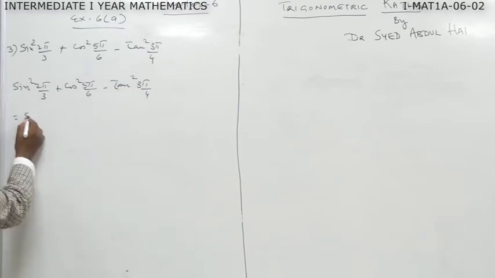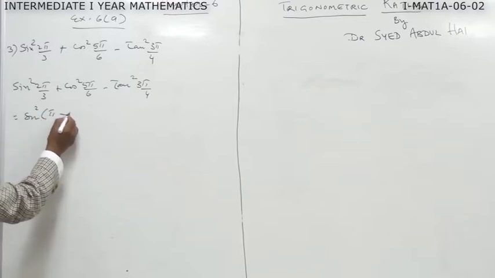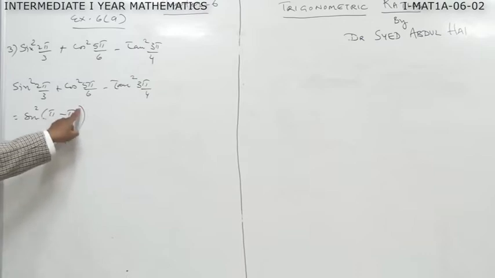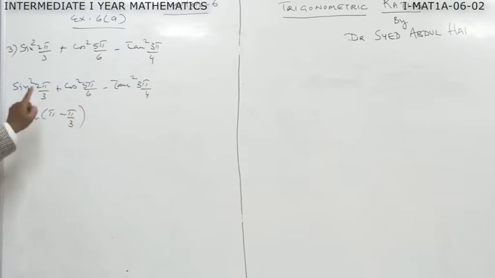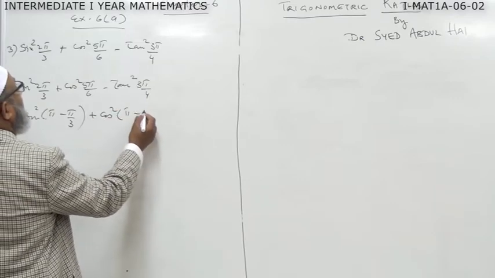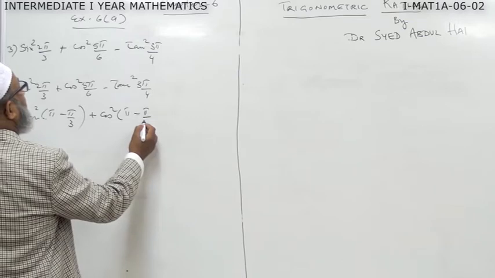Sin square of pi minus pi by 3: 3 pi minus pi is 2 pi, so 2 pi by 3.